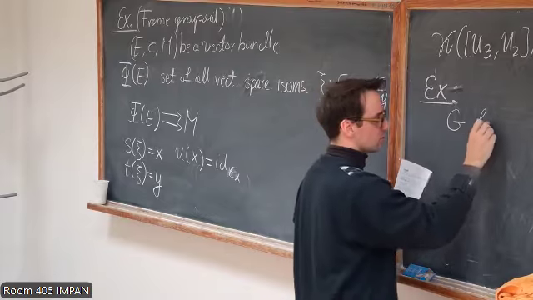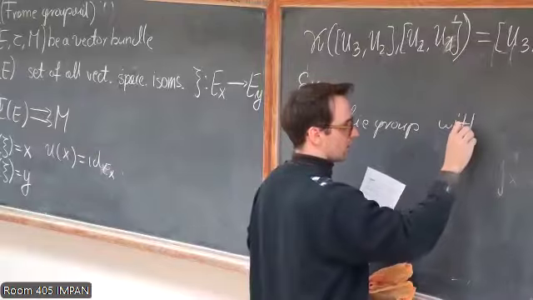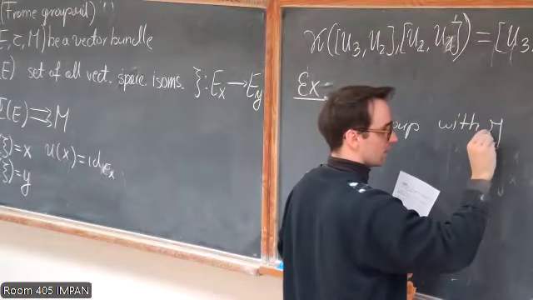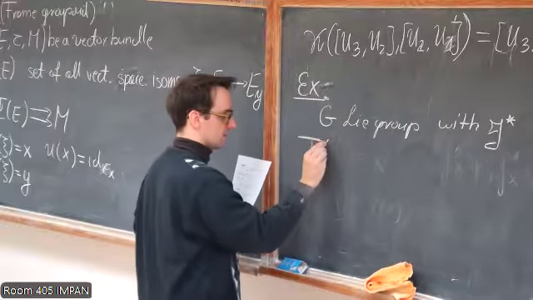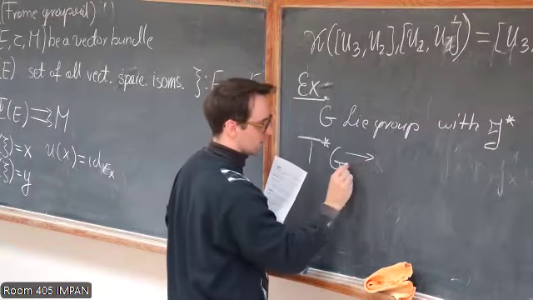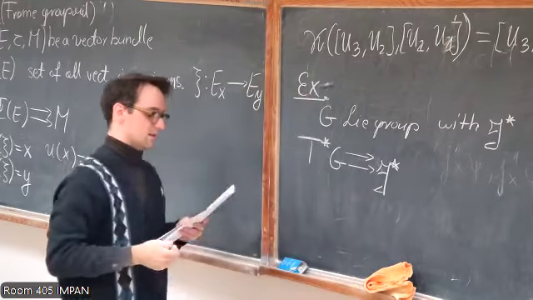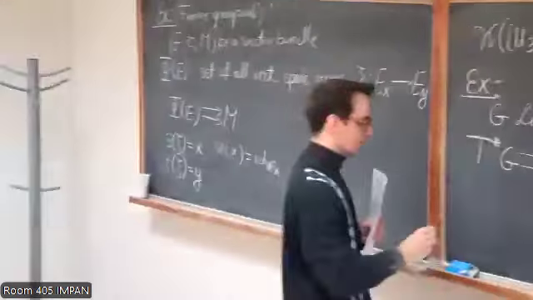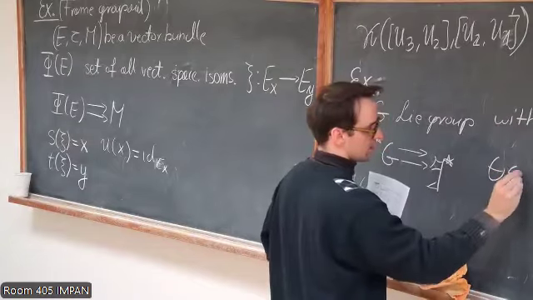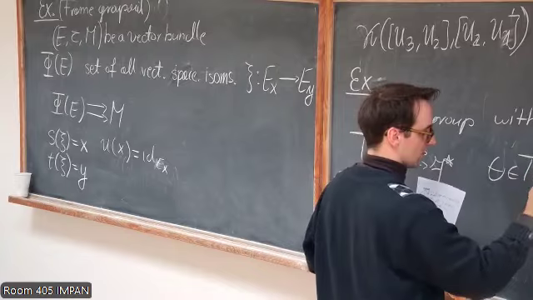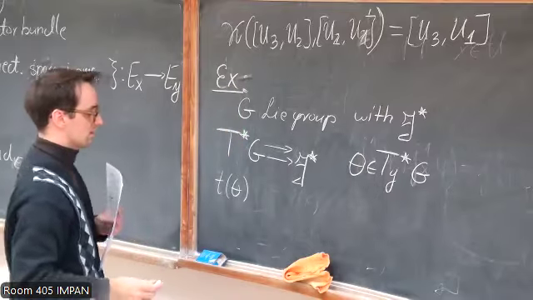The group G with the algebra G, and then E star D over G star is a groupoid where the target of theta is theta composed with RG, right?